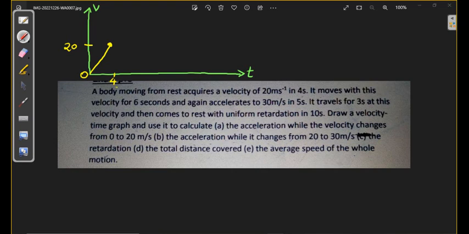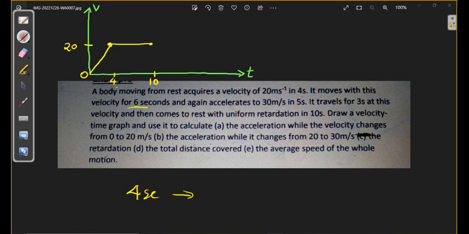You are going to stop at 10, because you are already at 4 and then for 6 seconds you are moving with the same velocity. So at 10 here, that's how we're going to move like that. From 4 to 10, that is for 6 seconds, we are moving with constant velocity. Constant velocity is a straight line.